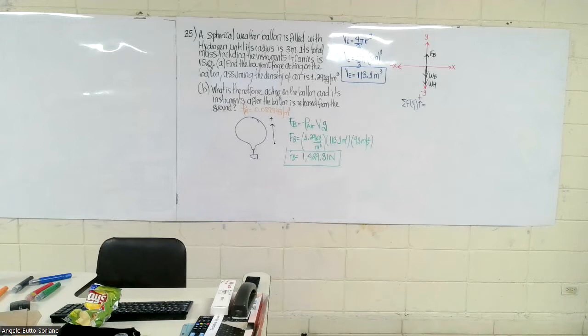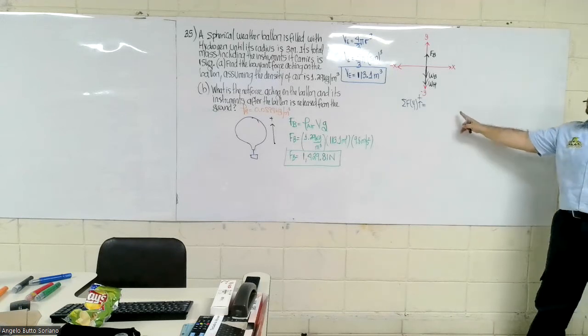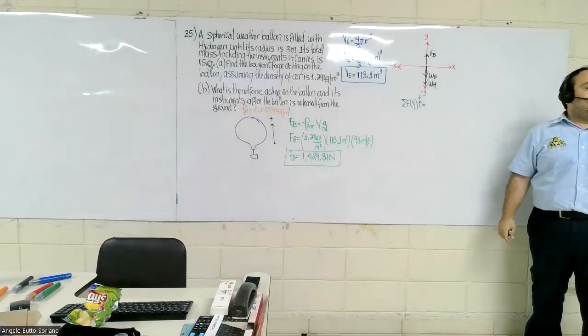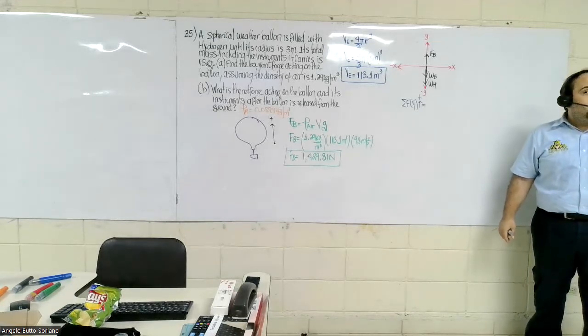Is the balloon at rest or is it moving? It's moving up, right? We're upward. And the problem never said moving at constant speed, it said moving upward. For that reason, because the balloon is moving upward, the equation, instead of being equal to 0, will be equal to what?